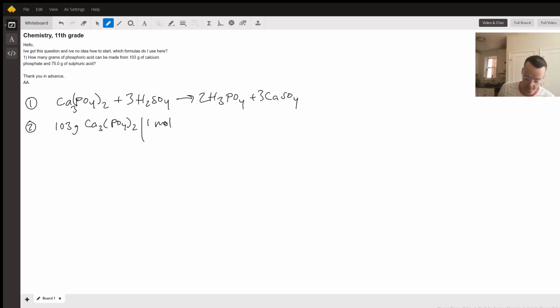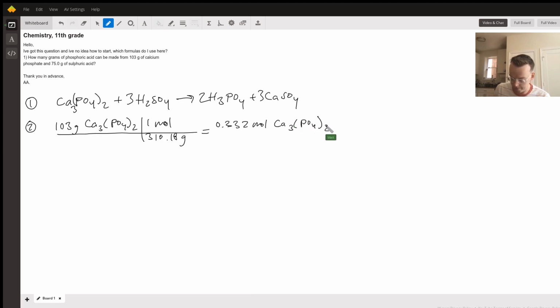So we're going to be dividing by the molar mass, which is 310.18. You could obviously get that by just adding up the atomic mass of all the elements in calcium phosphate, but I've done that ahead off screen. So dividing 103 by the molar mass gives you 0.332 moles of calcium phosphate.